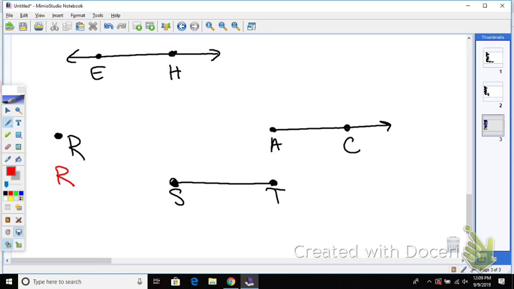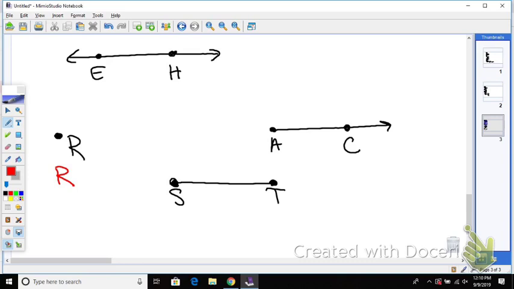So, name it, put a line over it. No, we're not calling it that, we're naming it with its letters. I'm not just calling you boy, I'm calling you Simon, right? So you're gonna label this E, H.